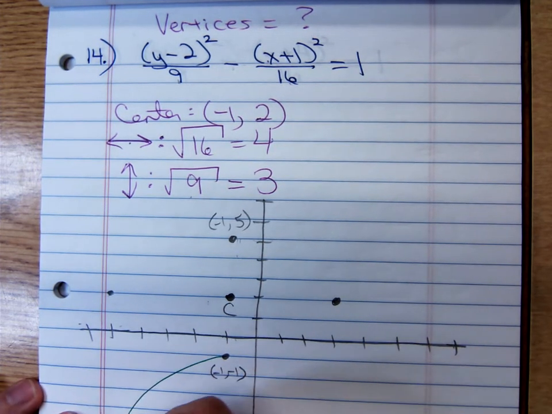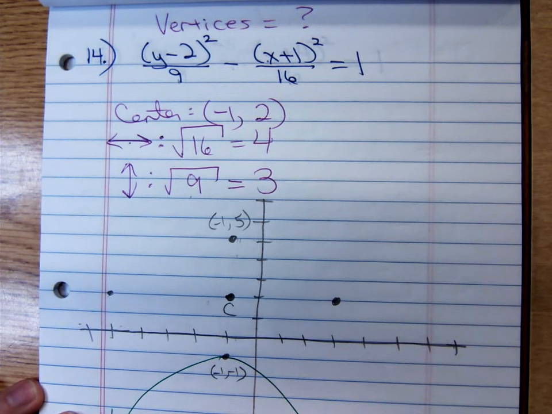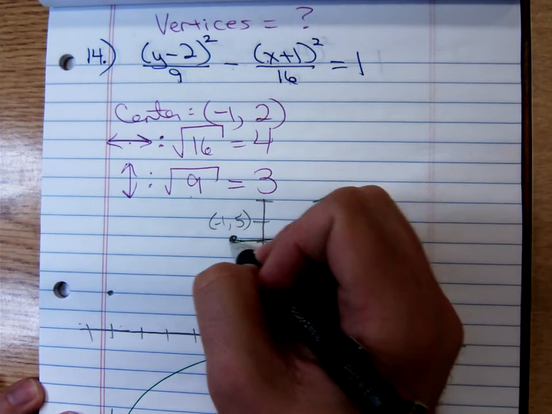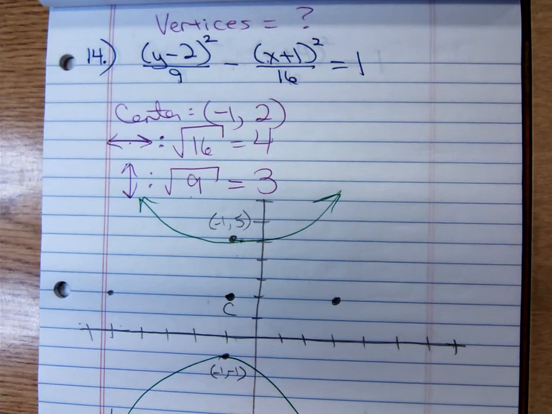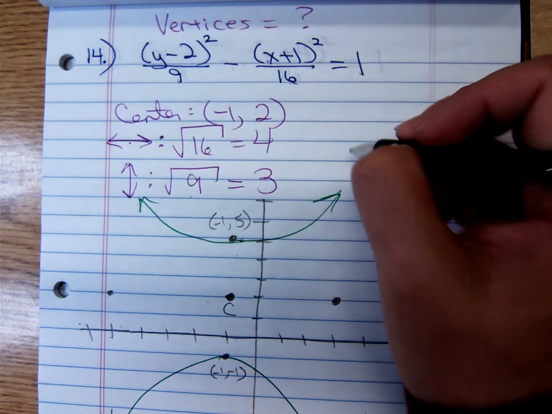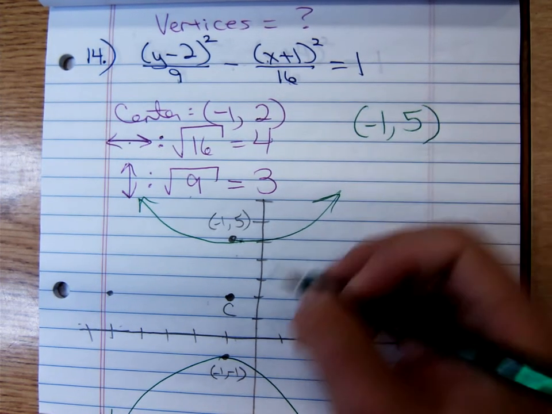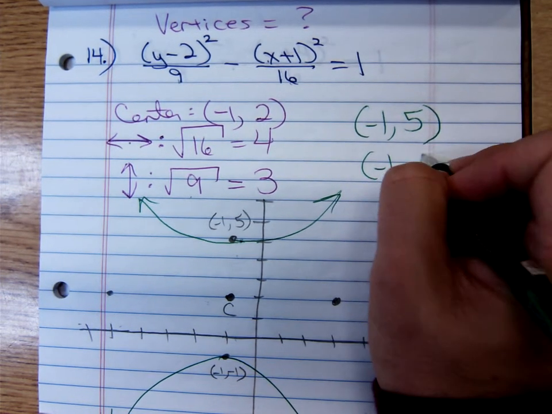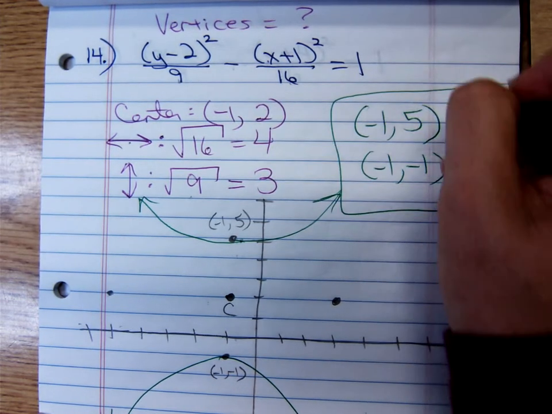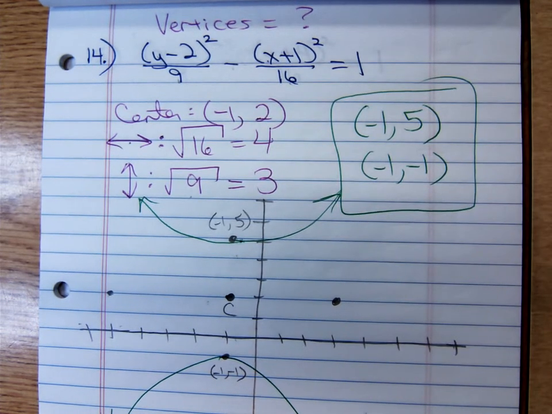One's going down, the other's going up. But the vertices are negative 1, 5 and negative 1, negative 1. And that would be response B. I agree, response B.